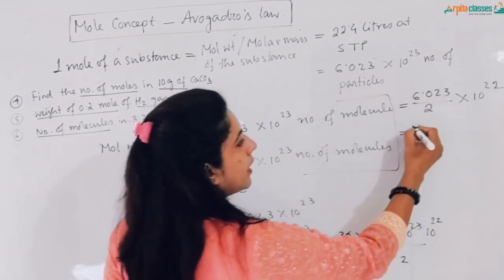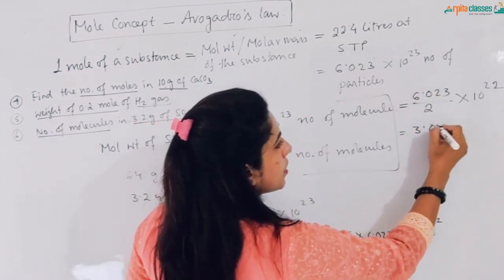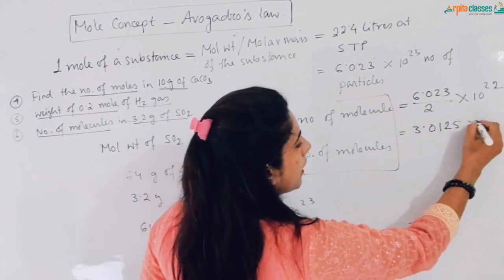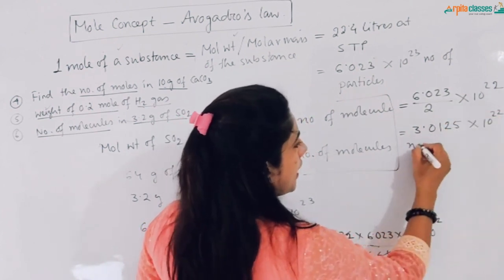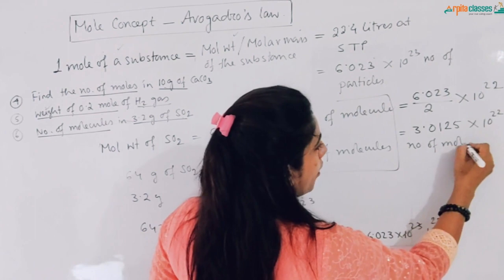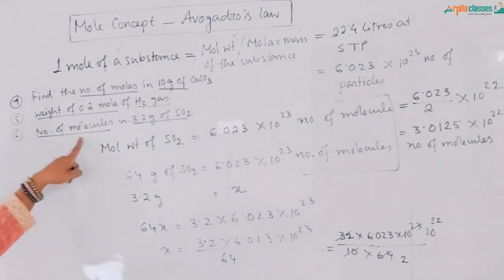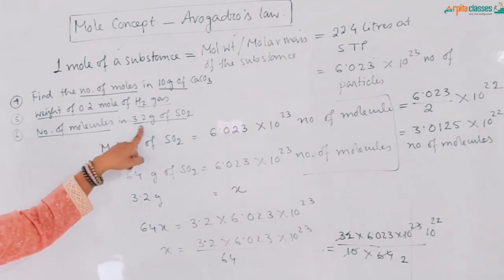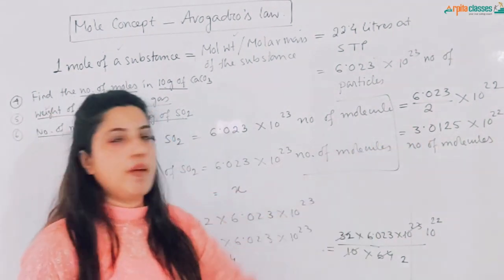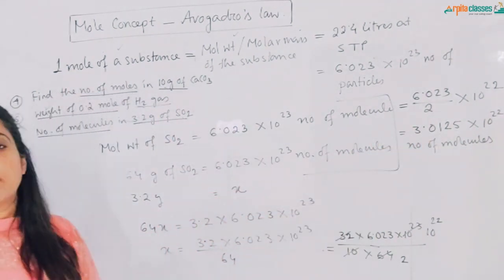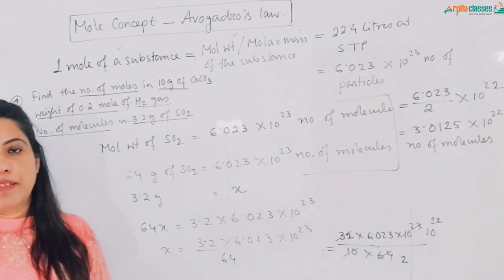Now dividing, it is 3.0125 into 10 raised to power 22 number of molecules. So what they have asked is the number of molecules in 3.2 gram of sulfur dioxide. So there are 3.0125 into 10 raised to power 22 molecules in sulfur dioxide.